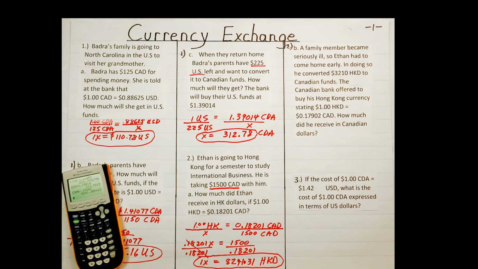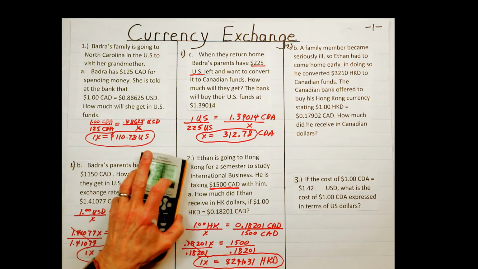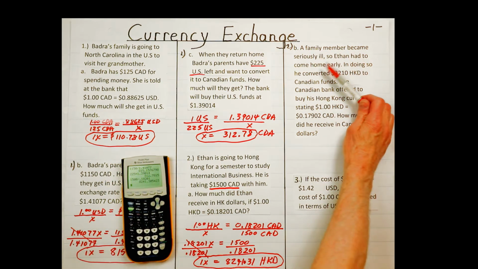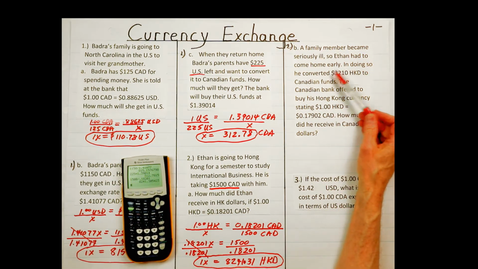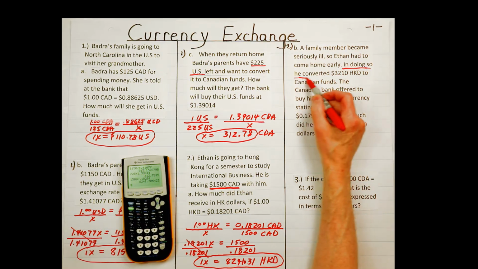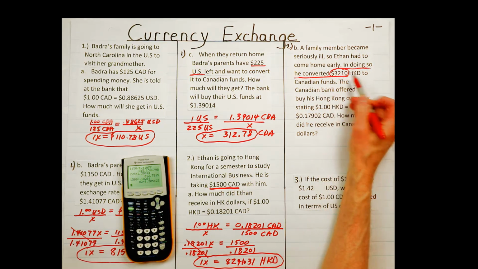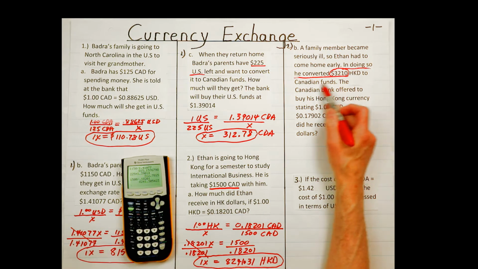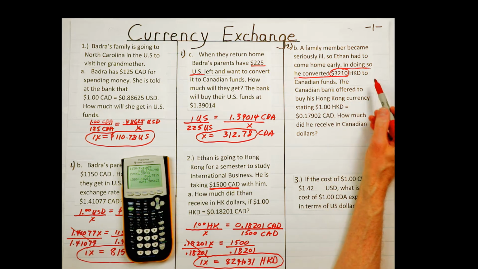Now the second part of B: a family member became seriously ill, so Ethan had to come home early. In doing so, he converted 3,210 Hong Kong dollars to Canadian funds.